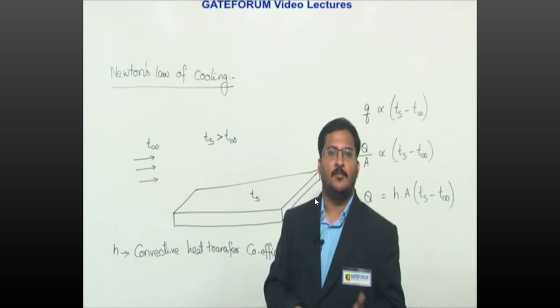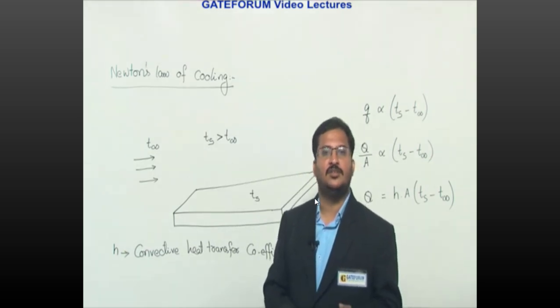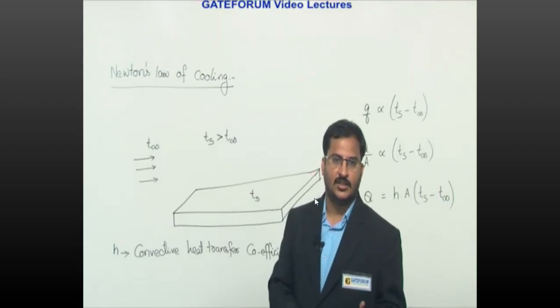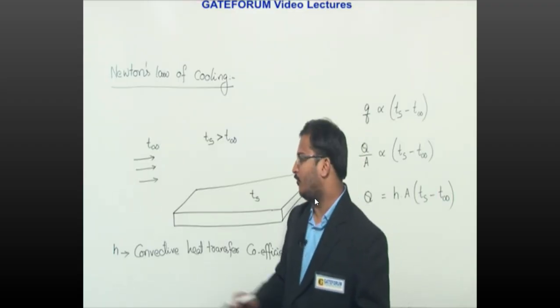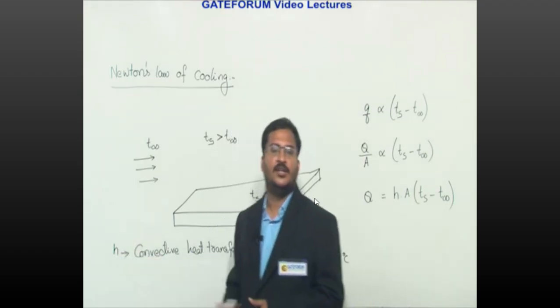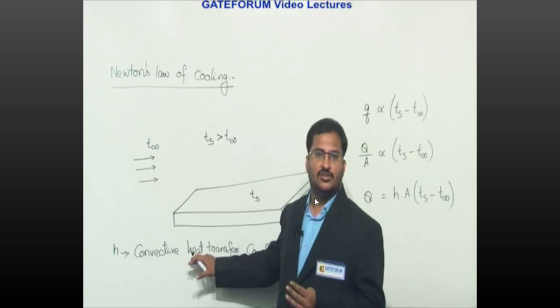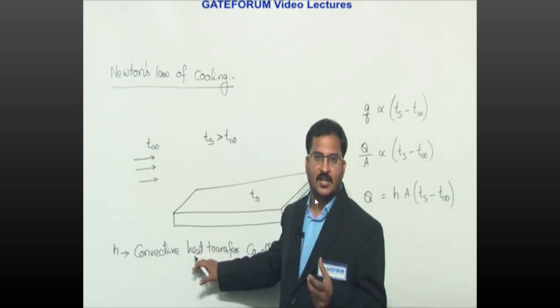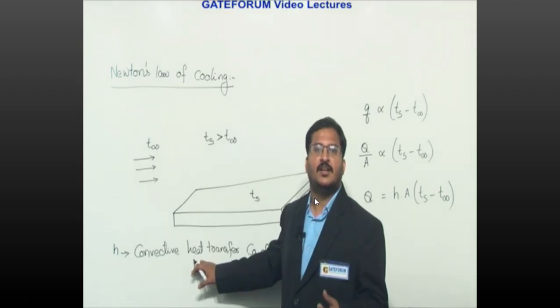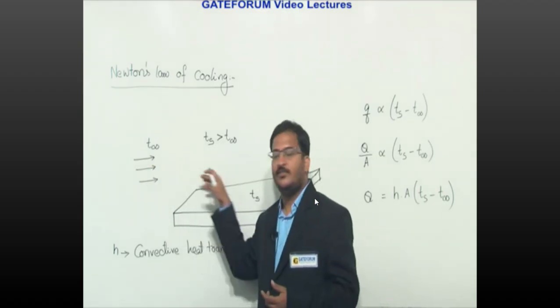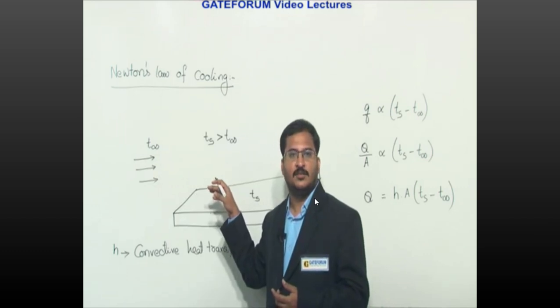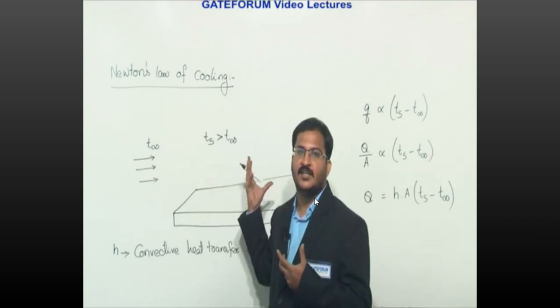Coming to the fluid parameters, this means fluid density and fluid viscosity; all of this comes into the picture while taking the convective heat transfer coefficient. Then coming to the flow parameters, the velocity with which the fluid is flowing over the surface, because the more the velocity, the more will be the heat carrying capacity.